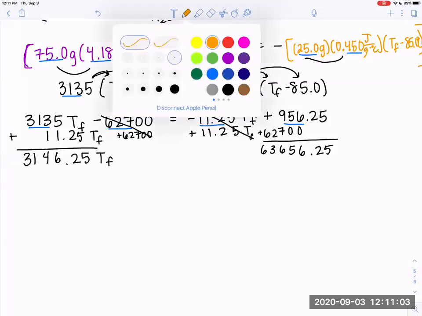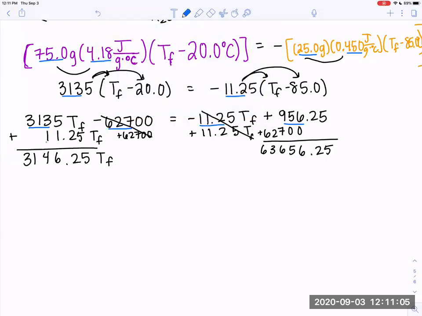So looking at sig figs, the 11.25 was the 11 and the 2, and the 627 was the 627. So looking at my sig fig places, I'm going to have to cut off this number here, and I'm going to have to cut off this number here. That doesn't mean I have 314 and 636. I cannot round these numbers again.